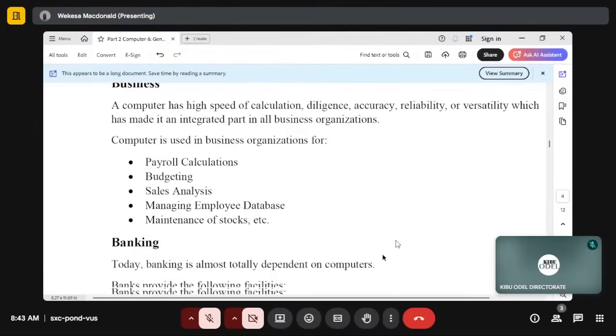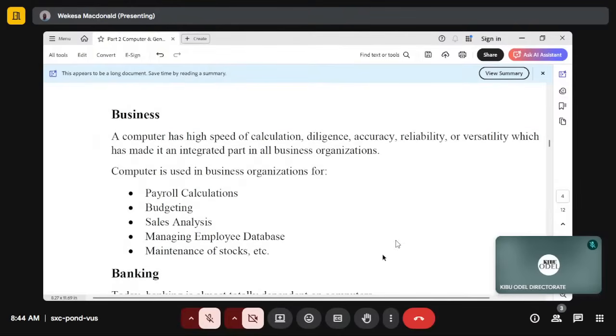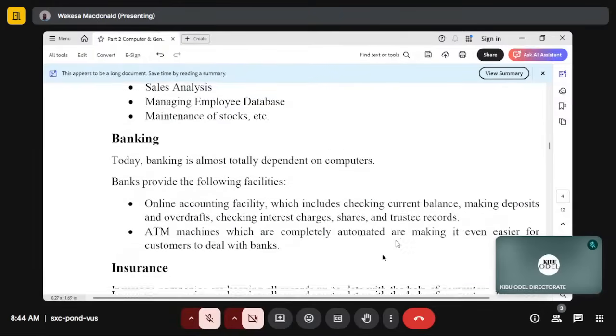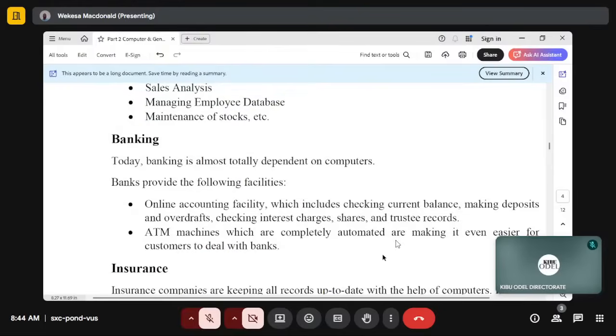Computers are used in payments, payroll, budgeting, sales analysis, managing databases, and maintaining stock. Those are some of the uses. Computers are also used in banking and in insurance.